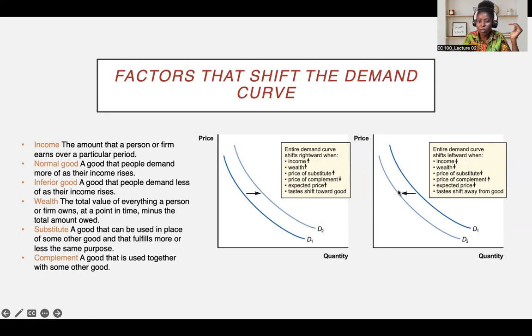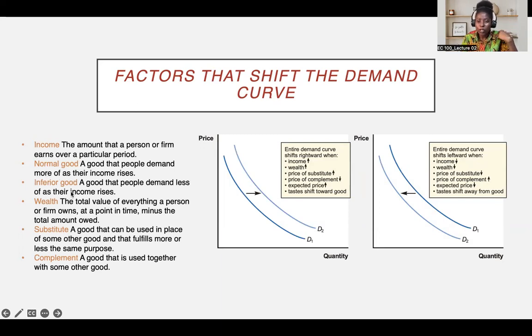A leftward shift is when there is a decrease, while a rightward shift is where there is an increase in quantity demanded. So when income increases, it will shift outwards. But when people's income falls, even when the price has not changed, they will consume less because they don't have enough to cover the budget.